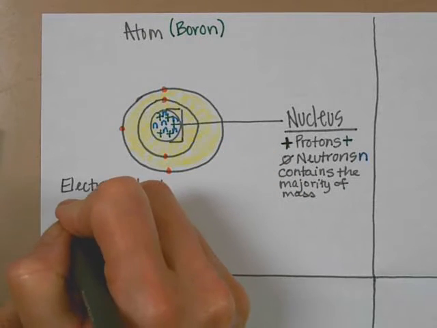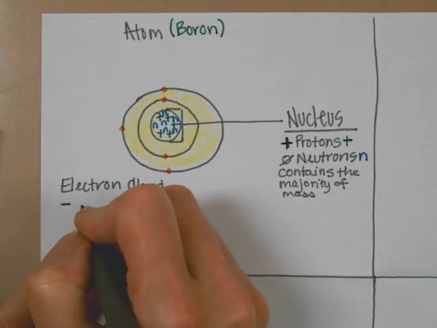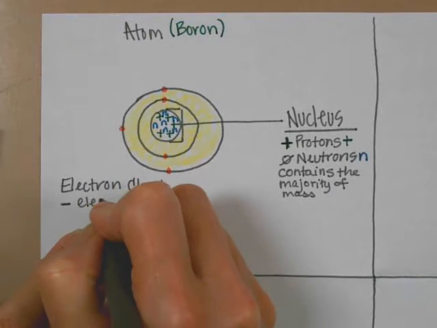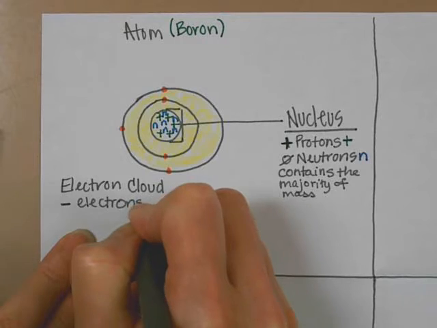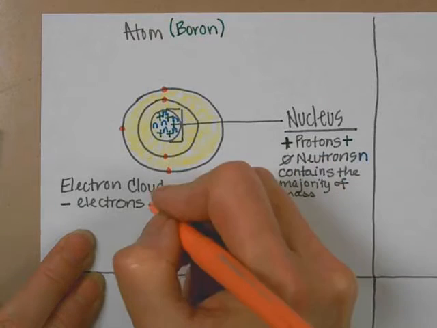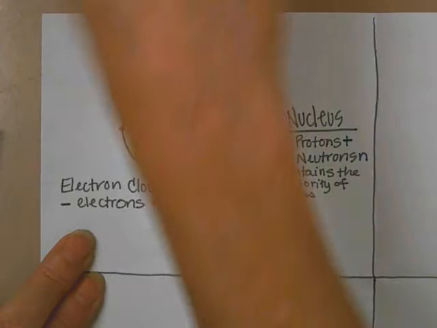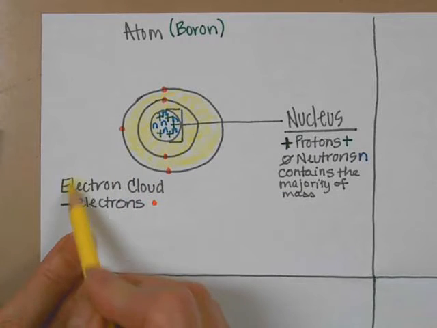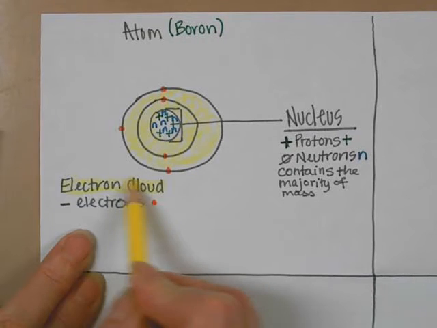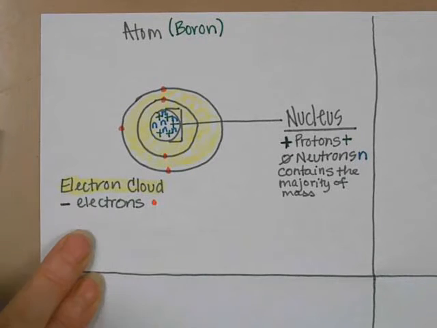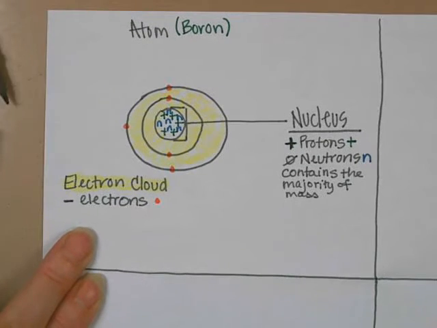It has those negatively charged electrons, which I've indicated with little orange dots. And it is shaded, the yellow part is the electron cloud itself. So we know anything outside the nucleus is that electron cloud.